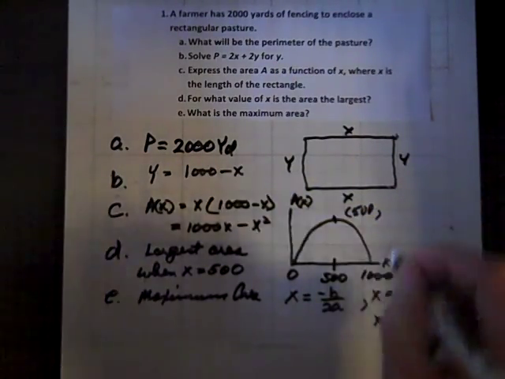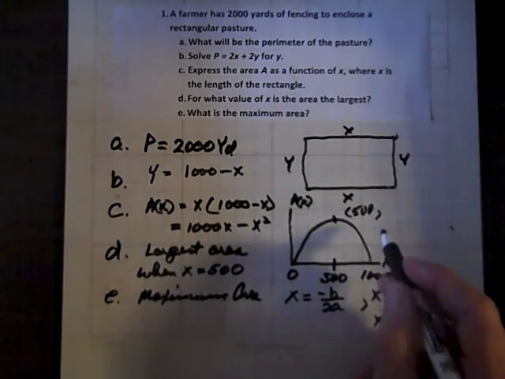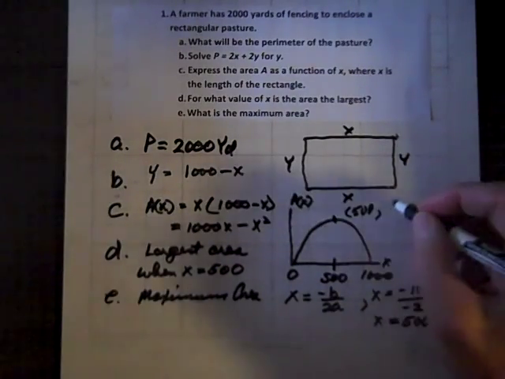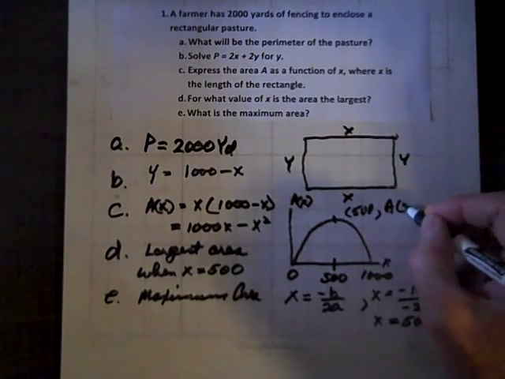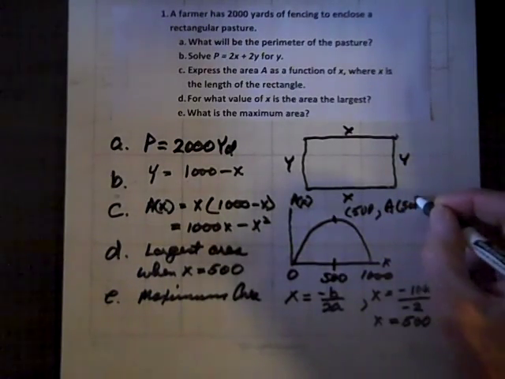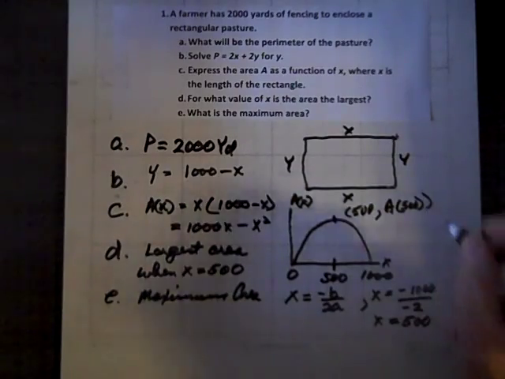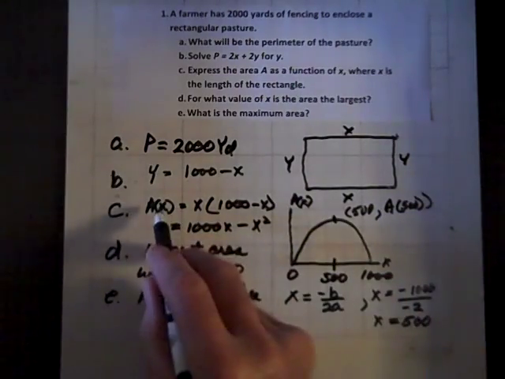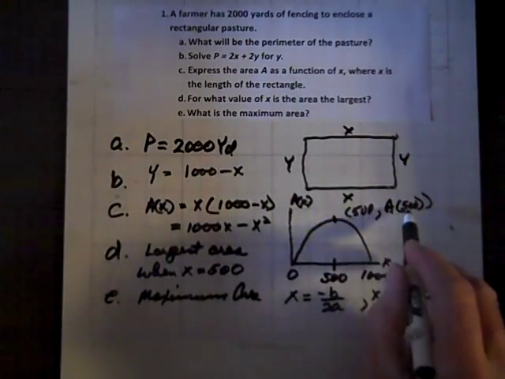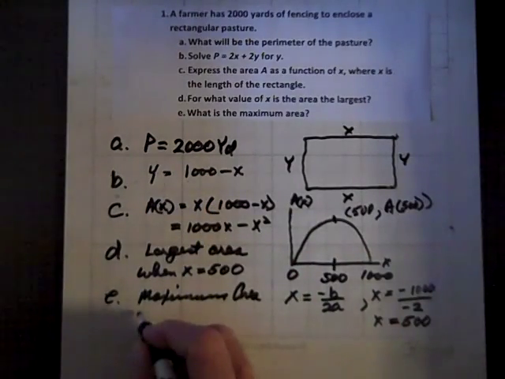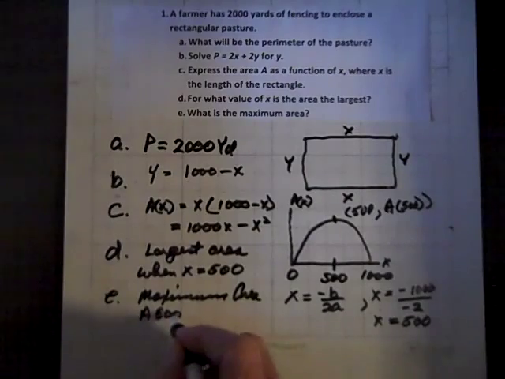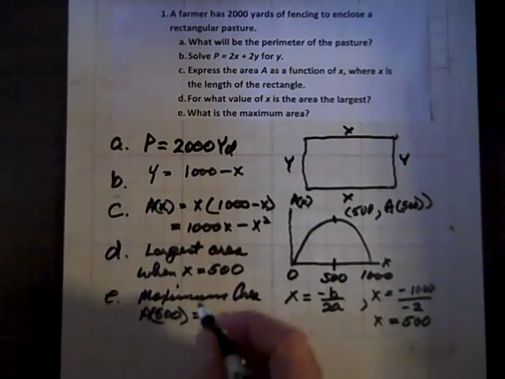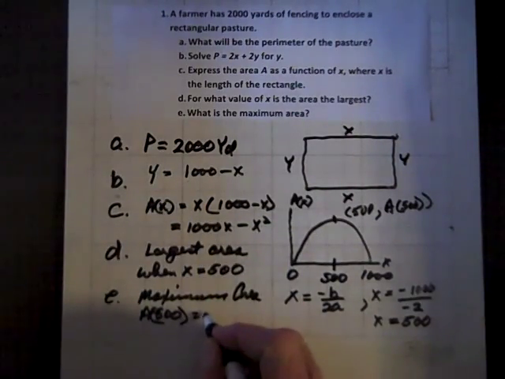And the next issue is, if it occurs at 500, what is the maximum? Well, that's going to be A evaluated for x equals 500. We can determine that simply by evaluating A of 500, replacing x with 500.